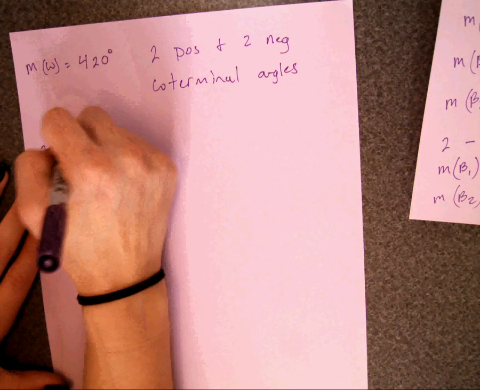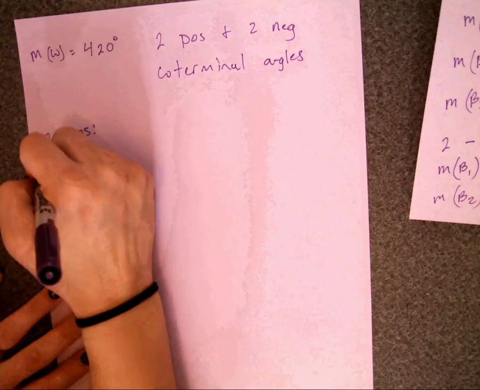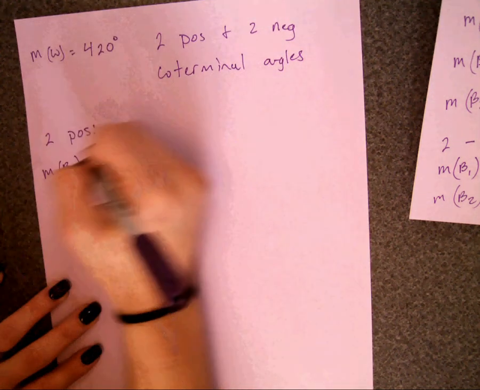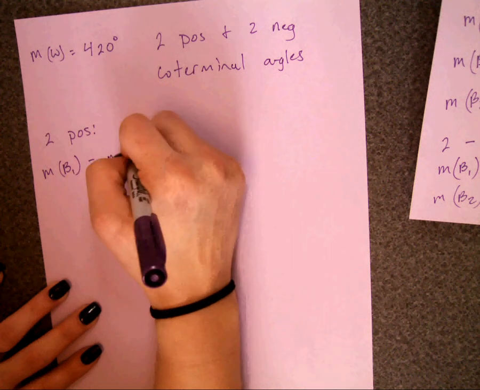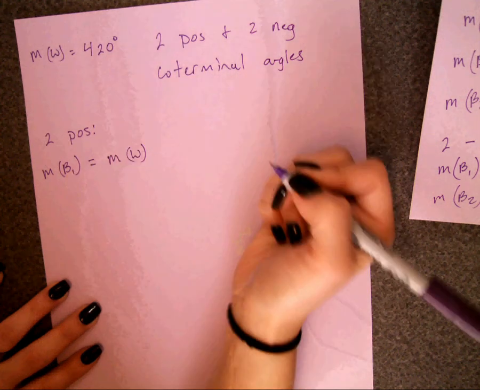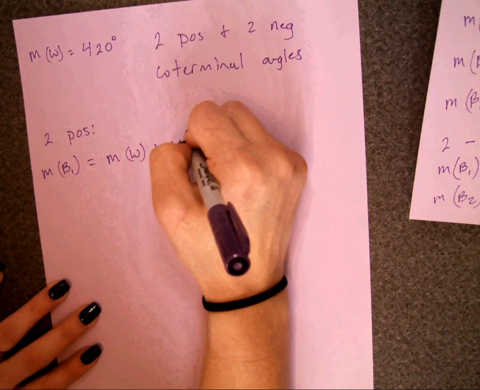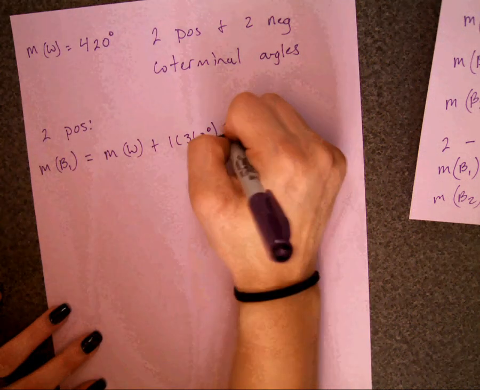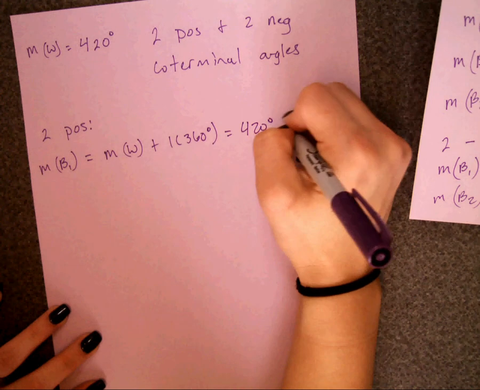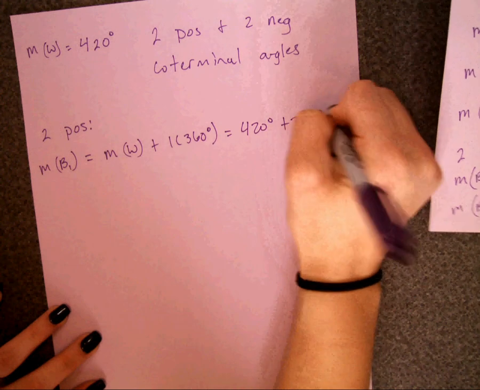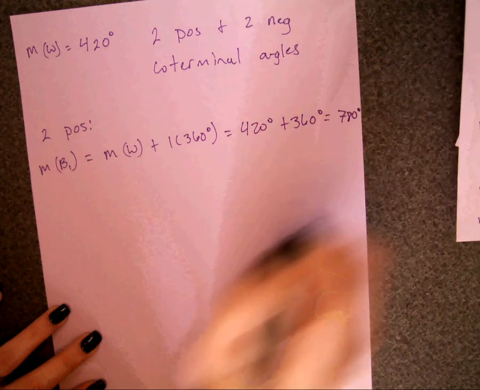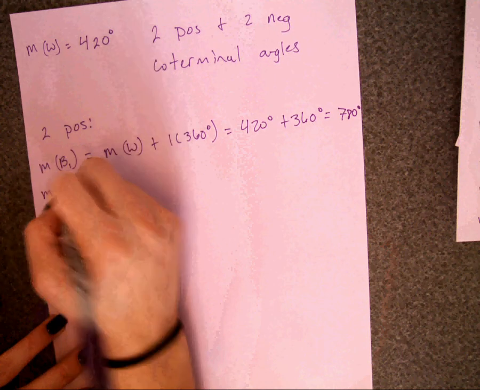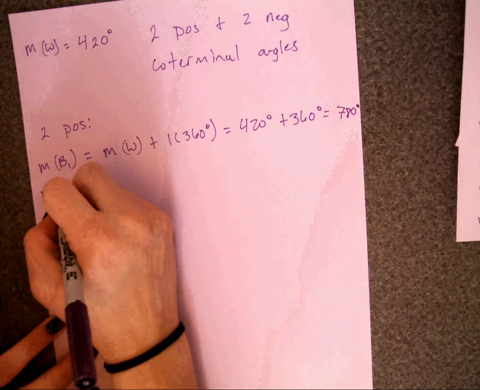So our 2 positive, we'll have beta 1 equal to the measure of angle W plus 1 trip around the circle, so 360 degrees. So I get 420 plus 360 gives me 780 degrees.